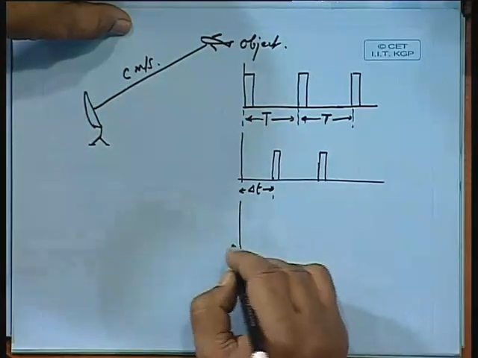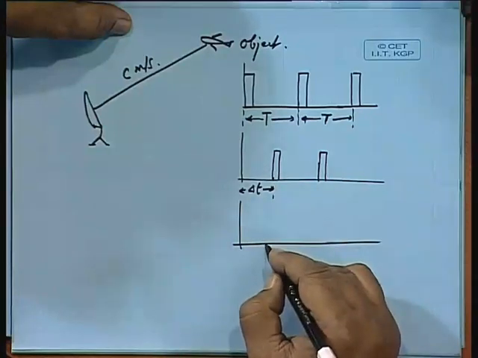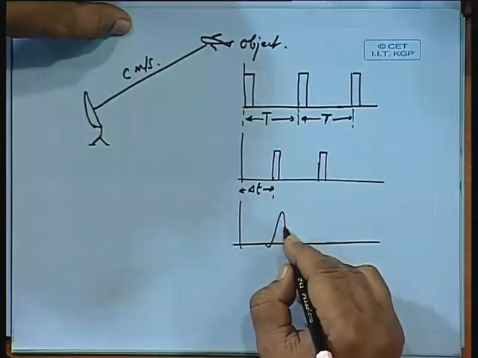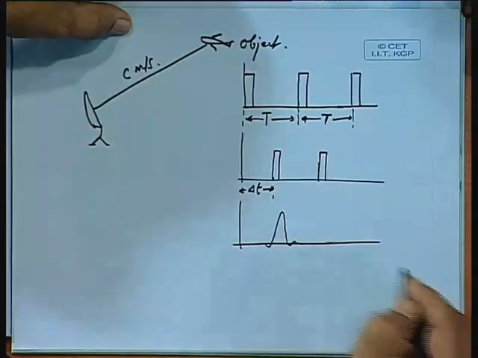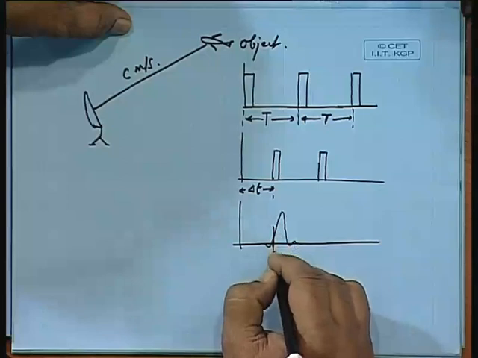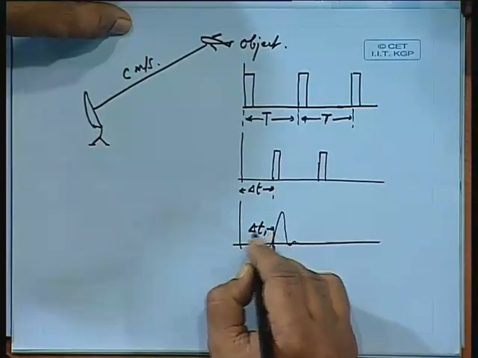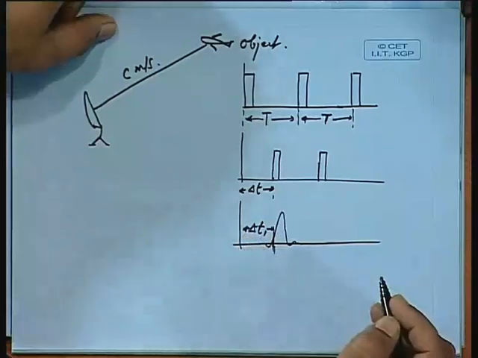But the actual signal is contaminated. The actual received signal will be somewhat like this. So, there is a threshold that we take and this is our actual time we are counting, okay.